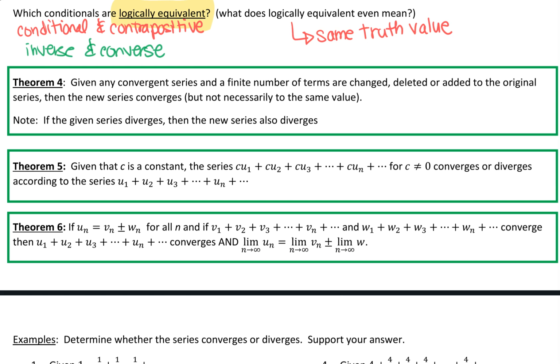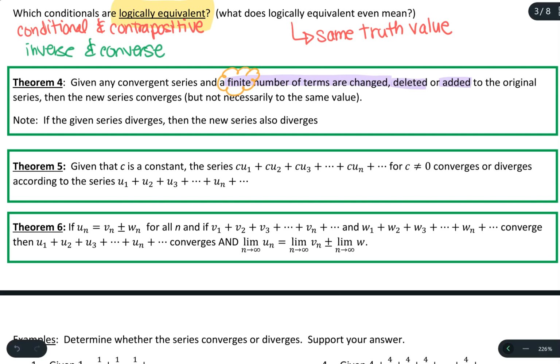Theorem number 4 says that if you're given any convergent series and a finite number of terms are changed, deleted, or added, and this has to be a finite number. You cannot have an infinite number of terms being added, changed, deleted. It has to be a finite number. So there's 5 terms that are added, 1 term that's subtracted. Okay? A finite number that's changed, deleted, or added to the original series.